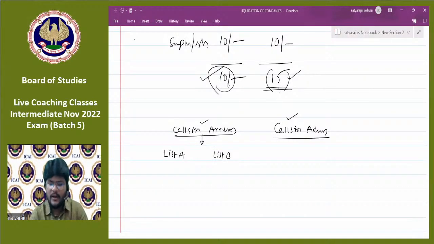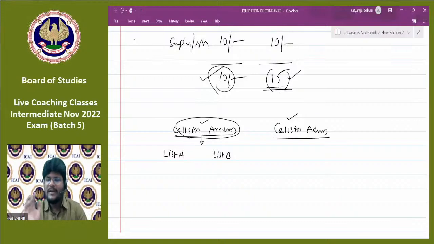So you need to wait some more time for the exact accounting treatment for calls in arrears. But till the time of that discussion, whenever calls in arrears are there, if something is not clearly specified, then you can simply ignore such calls in arrears, both at the time of asking call money from such shareholders and at the time of distribution of surplus cash among such shareholders as well.